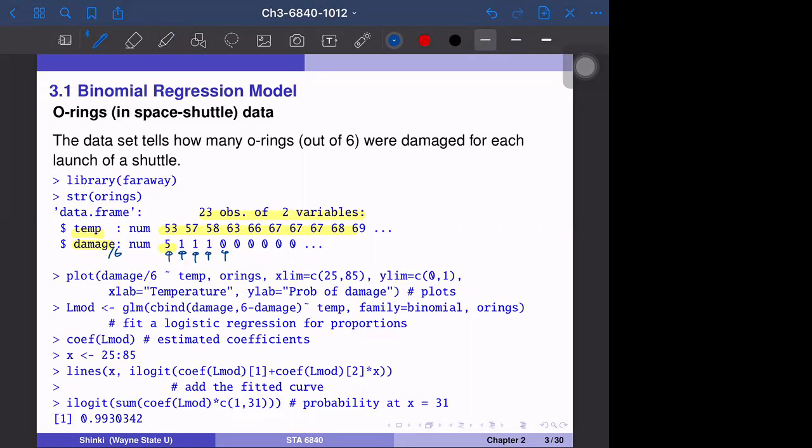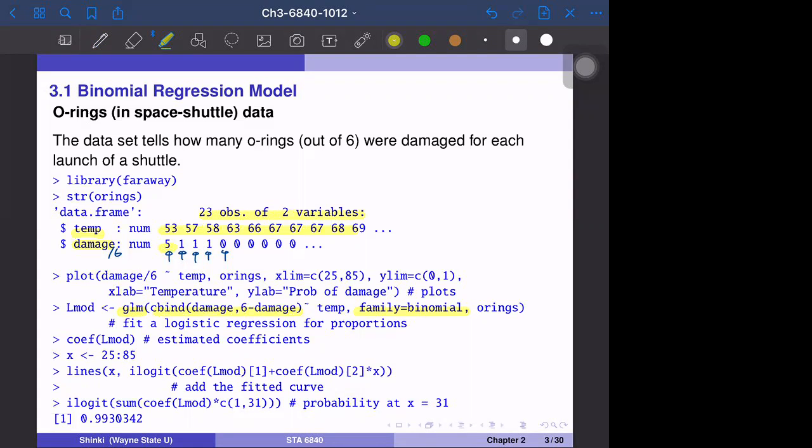So this is basically a logistic regression, but the data is put in a slightly different way. The format for the GLM, Generalized Linear Model, for logistic regression, family binomial, is this. The response variable should consist of 2 vectors.